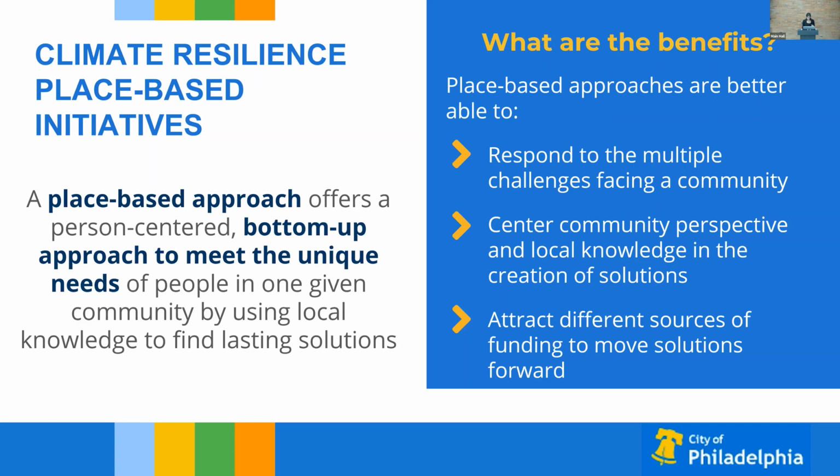We think this is very effective for responding to multiple challenges. It centers the community perspective, and it's also helpful for attracting different sources of funding. We're not relying just on one department to provide funding for one specific program. We're looking at many different sources of funding to achieve a more holistic vision for the community.